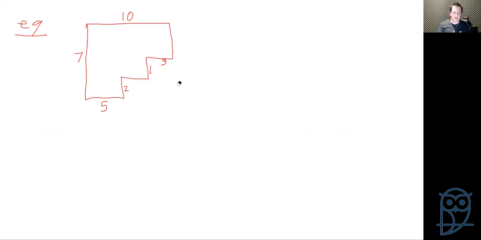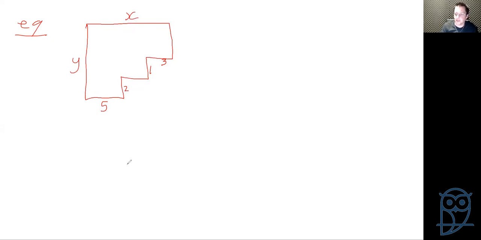All right. So this is the same example, but what I'm going to do now is put in a little bit of a variable spin on this. So this is now x, and this is now y.